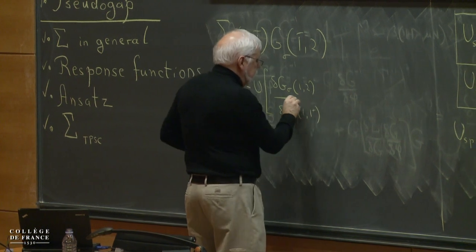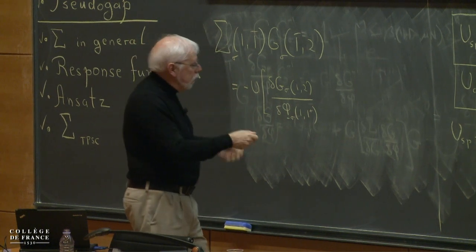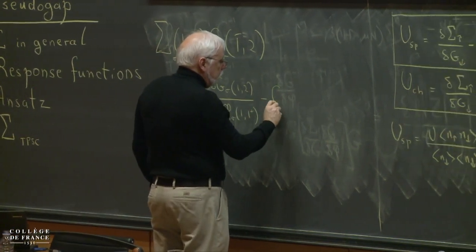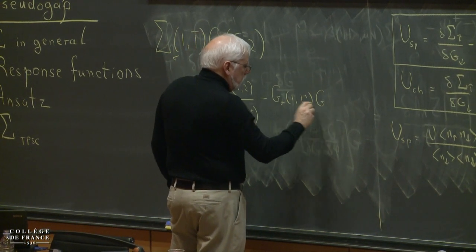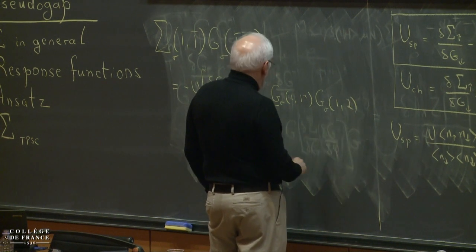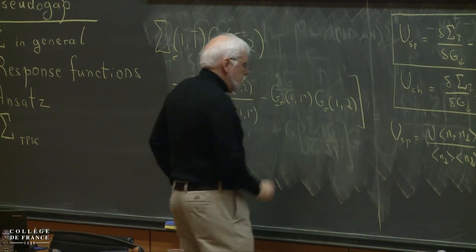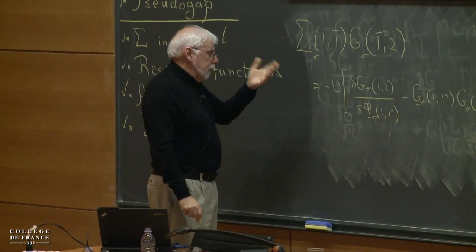And then this generates not only this 4-point function, but also a disconnected piece that you need to subtract out. So you have minus G sigma of 1, 1 plus, minus sigma G of sigma 1, 2. So this is without approximation. This is exact.